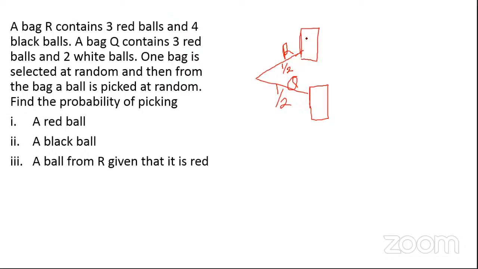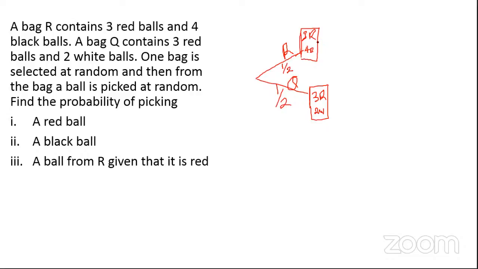So bag R contains 3 red and 4 black. Then bag Q contains 3 red and 2 white. So from these bags we are picking once.